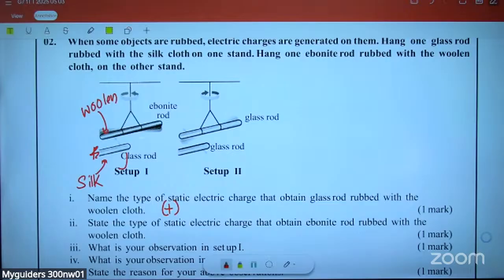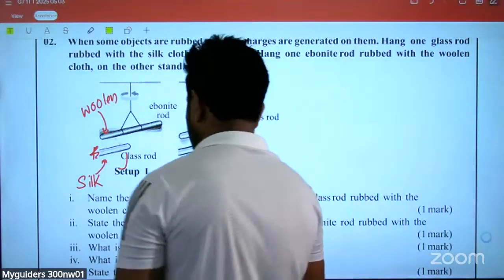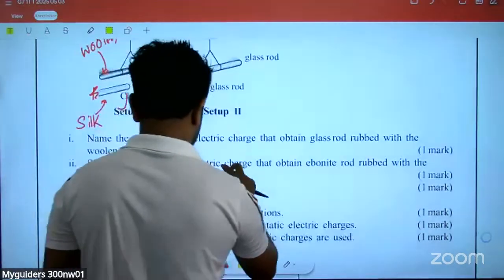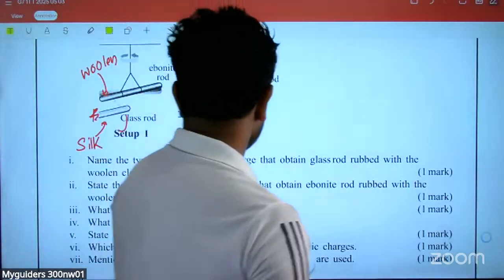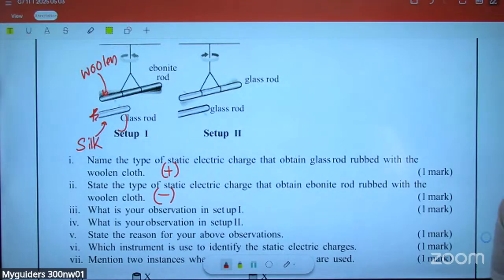The same woolen cloth. Just like before, after rubbing with the woolen cloth, the ebonite rod will gain negative charge. The ebonite rod becomes negatively charged.